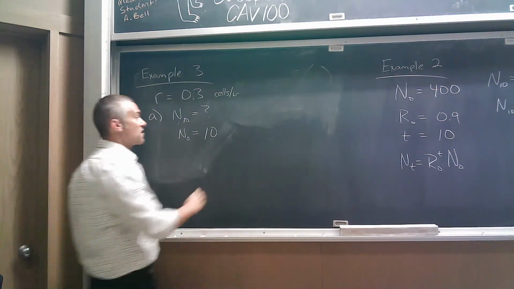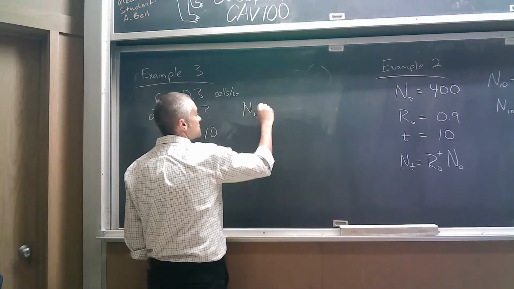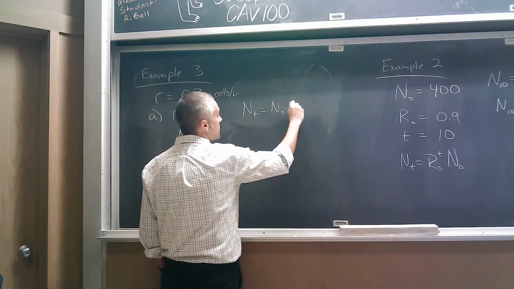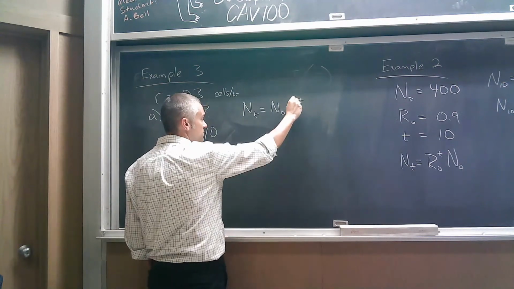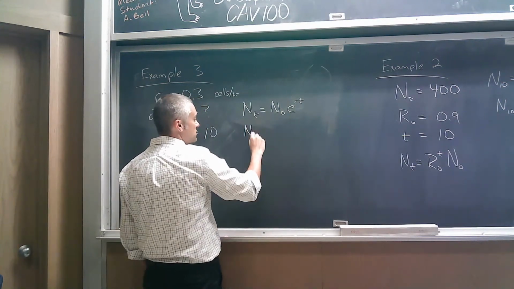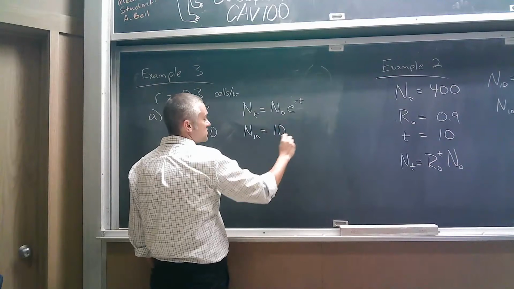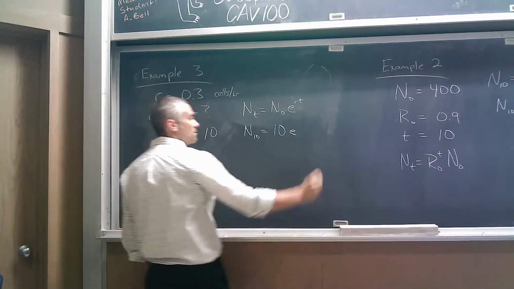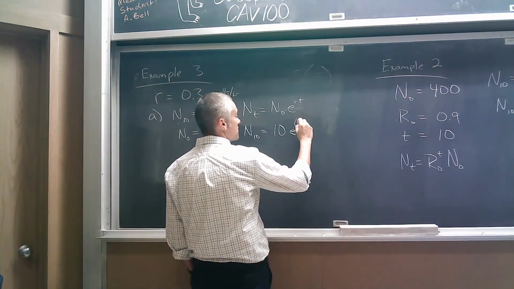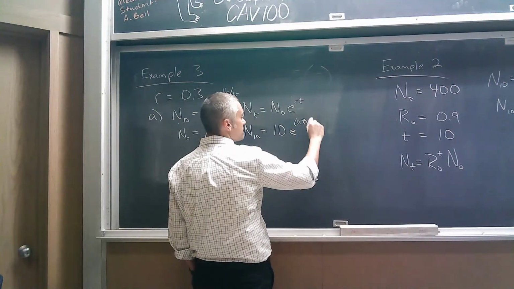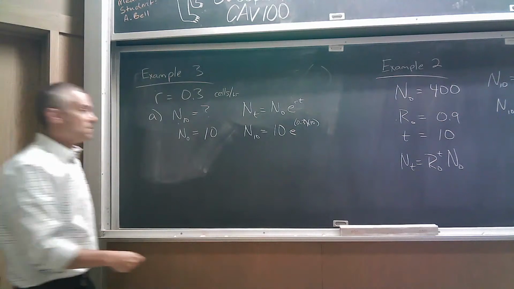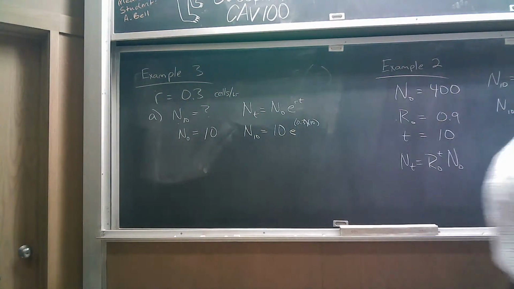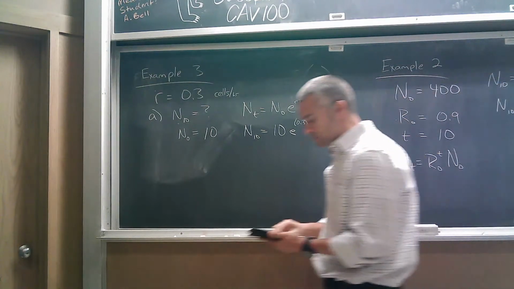What's our equation? We already said n sub t is equal to n sub 0 e raised to the rt. Rt is in our exponent. So we're looking for n sub 10. We started with 10 cells. Our intrinsic rate of growth is 0.3. And we're at 10 hours. So pull out our calculator. Now this is going to be a little bit trickier, and my recommendation is always to start with our exponent.